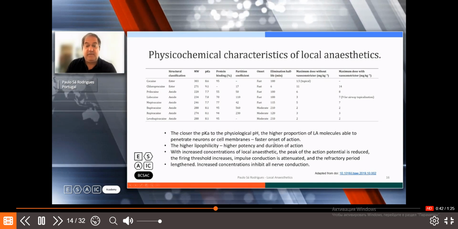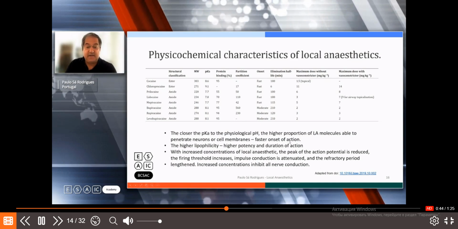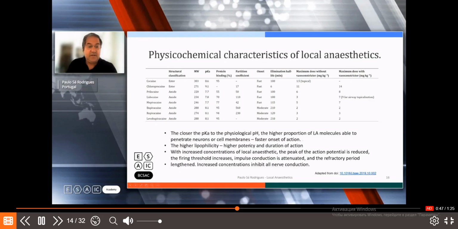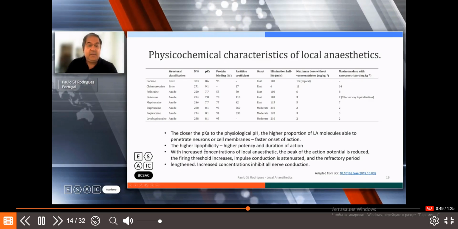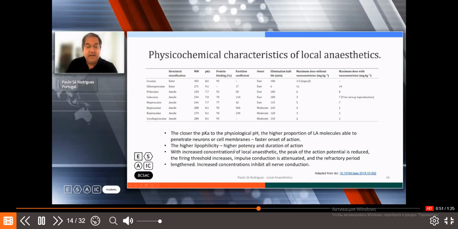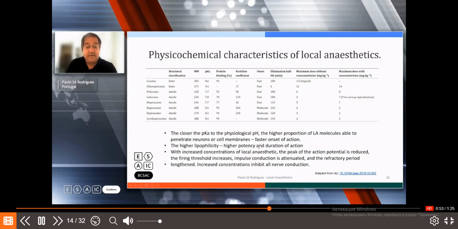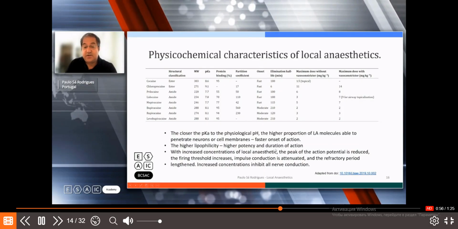So this will give the local anesthetic a faster onset of action. And higher lipophilicity will give the local anesthetic higher potency and also longer duration of action.